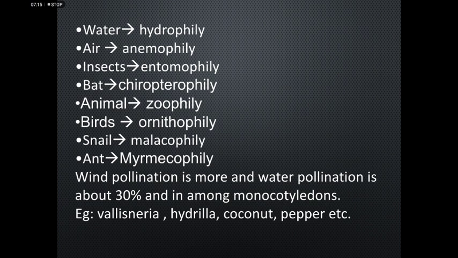In the case of coconut and pepper, water is required for the transfer of pollen grains from one flower to another, and some small insects also help in the transfer.